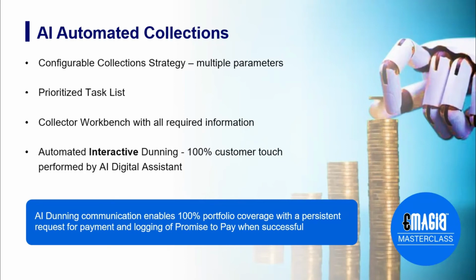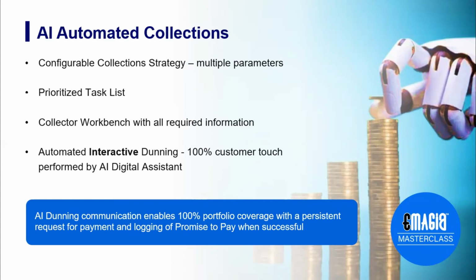So then this is where the interactive part comes in. The AI assistant says, all right, can you pay it next week? No. Can you pay it? Well, then it refers it to a collector. But along the way, a certain percentage of the customers are going to say yes, in which case your AI digital assistant sets up a promise to pay in your collection system.